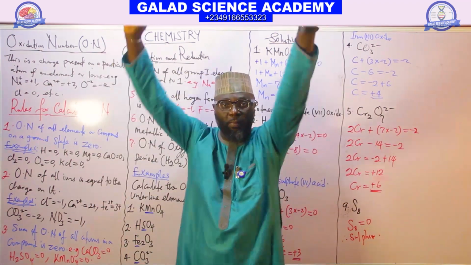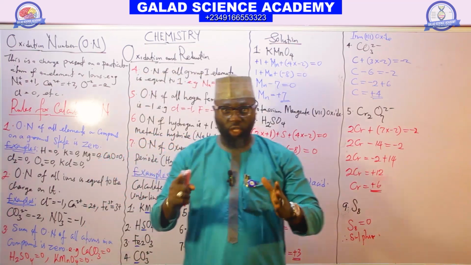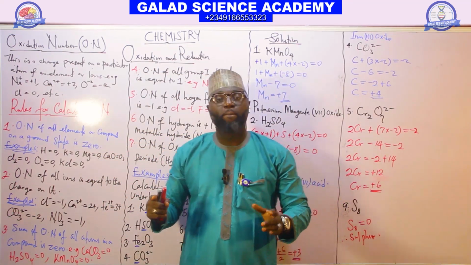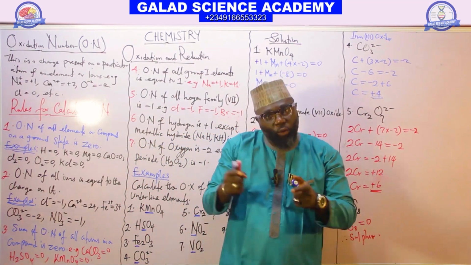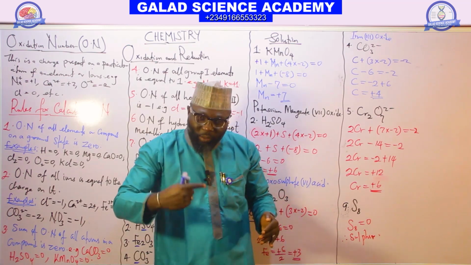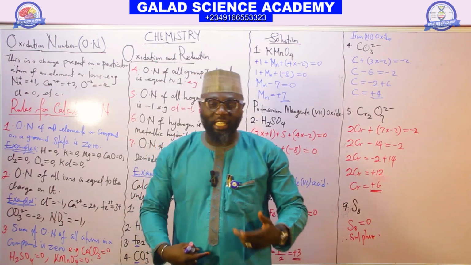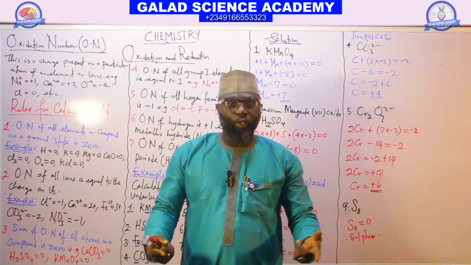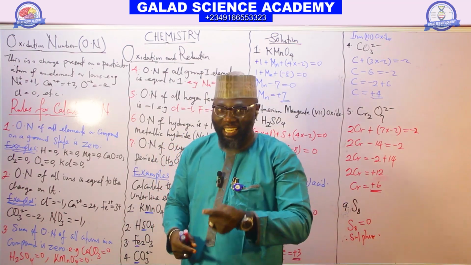I will mark it. So the next thing that we are going to treat now is oxidizing agent and reducing agent. Now we have done oxidation and reduction reaction. But what are the substances that make oxidation occur? What are the substances that make reduction occur? The substances that make oxidation occur are called oxidizing agents.